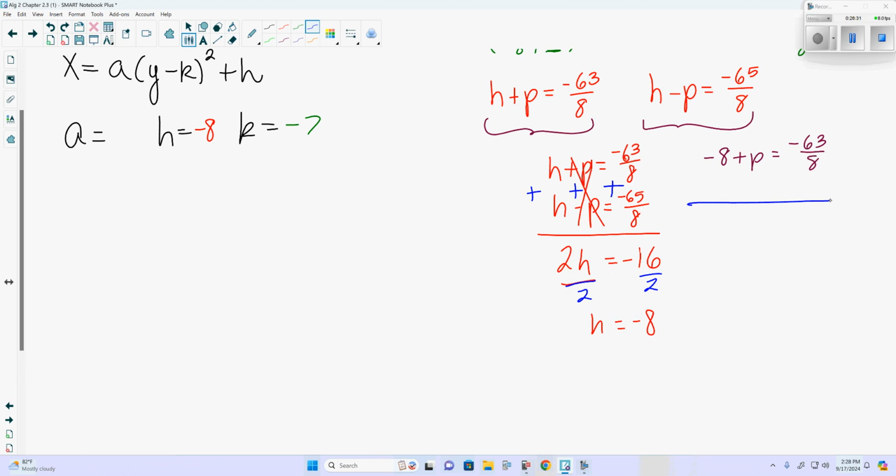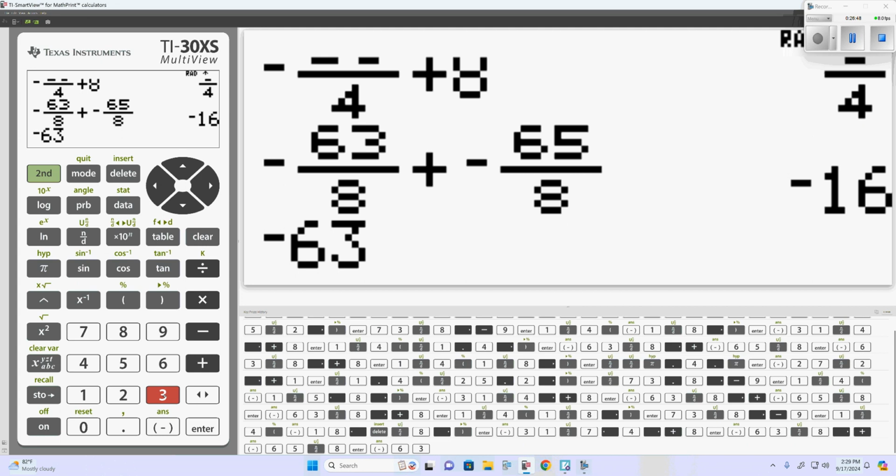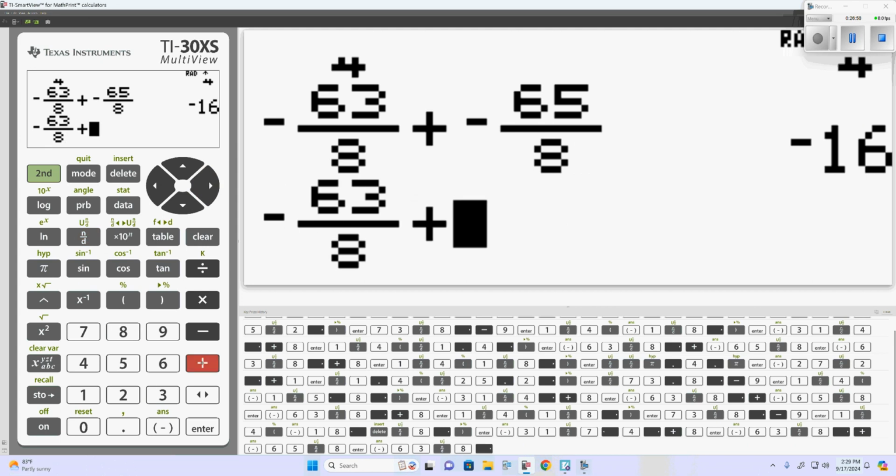To solve, we can add 8 to both sides. P is negative 63/8 plus 8, which is 1/8.